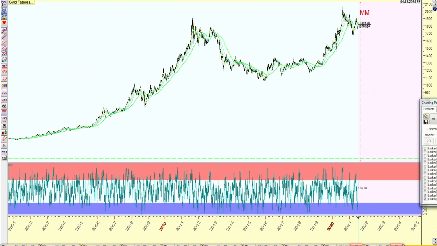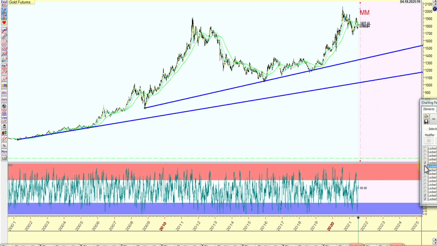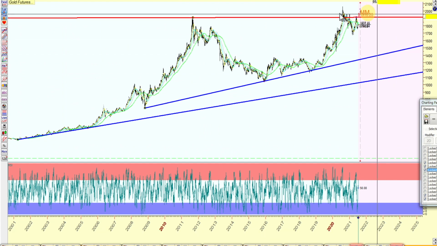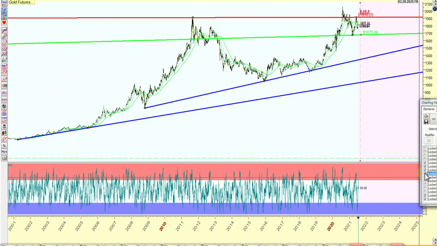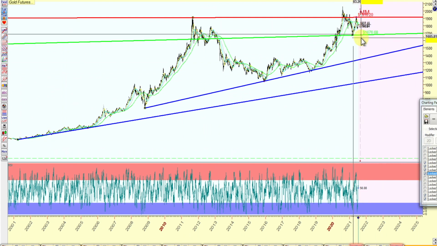Put some stuff here. Trend lines. These are resistance levels. See? Pierce through it at 1916. Important, so I put it up there. There's some kind of support right here.